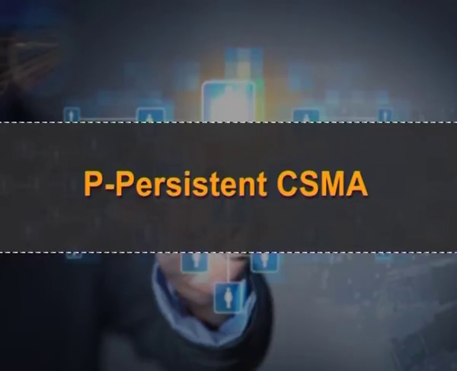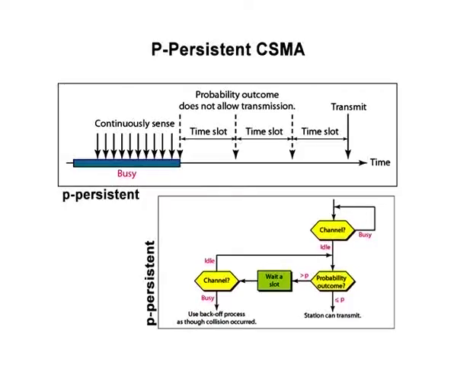Next is P-persistent CSMA. This is an approach between non-persistent and one persistent CSMA access schemes. When the transmitting station has data to transmit, it then senses the transmission medium for idle or busy. If the medium is idle, then it transmits the data immediately, but if the medium is busy, then it senses the medium continuously until it becomes idle, then transmits a data frame with probability p.